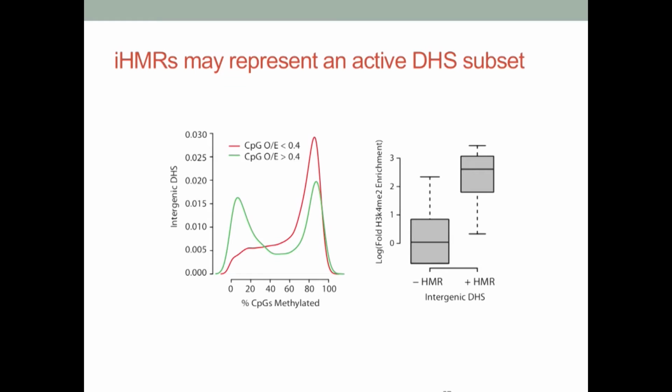It's where you see that there are two types of DHS sites, ones that are highly methylated and ones that are not methylated. So this kind of indicates that perhaps the hypomethylation of these DHS sites represents an additional layer of information as to the activity of these putative regulatory elements.